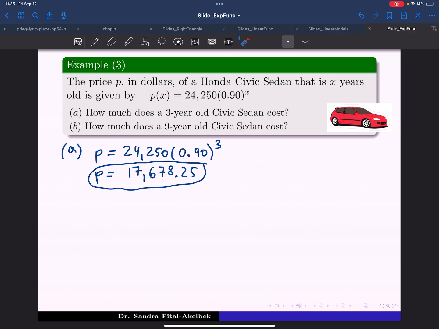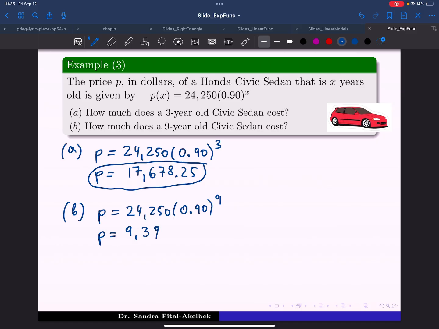For part B, how much does a 9-year-old Honda Civic cost? We substitute 9. So P would be equal to 24,225 times 0.90 to the power 9. If you type all of that on the calculator, I'm getting 9,394.94685.